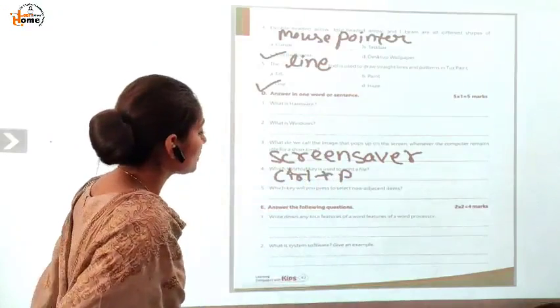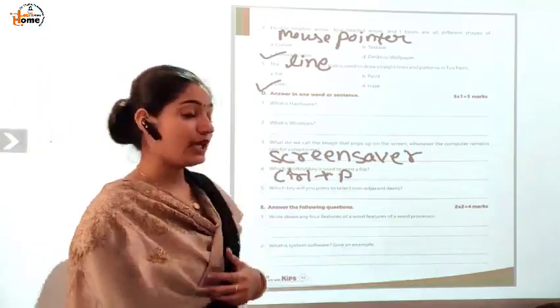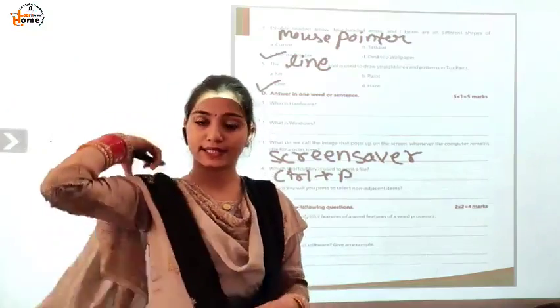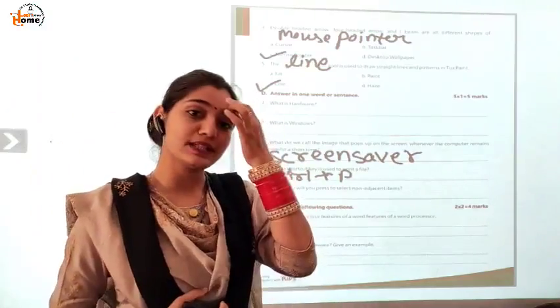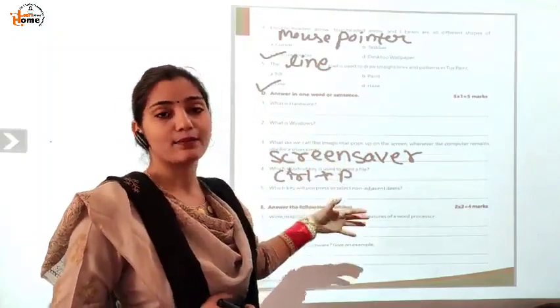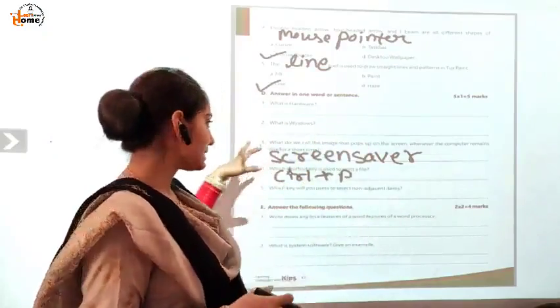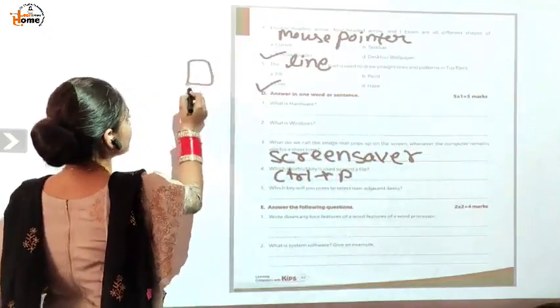Next is, which key will you press to select non-adjacent items? If you have to select non-adjacent items, meaning items that are not placed together, like one is here, one is there, another is here. If they are placed like these are the items.